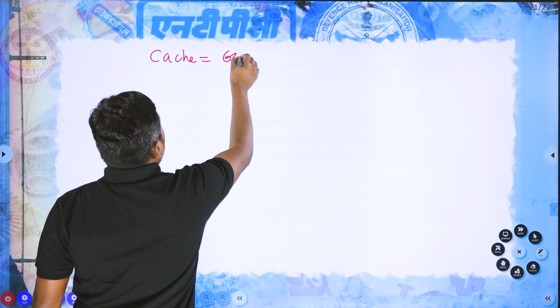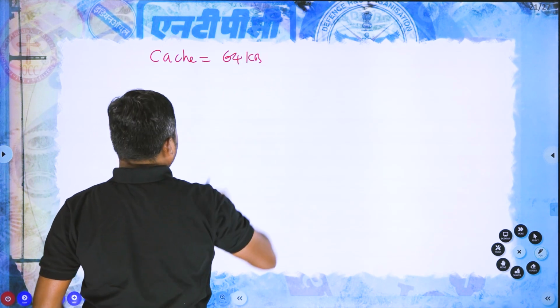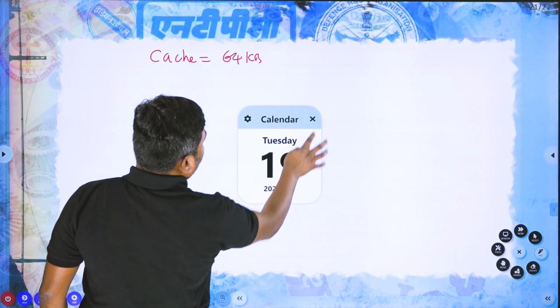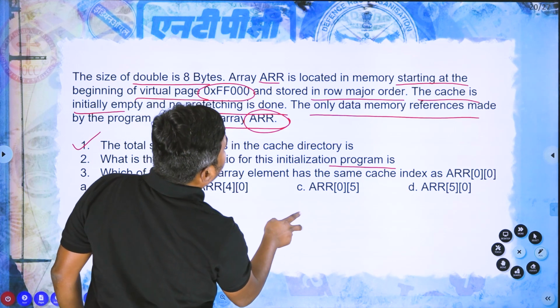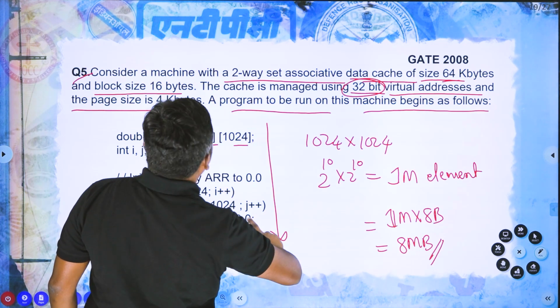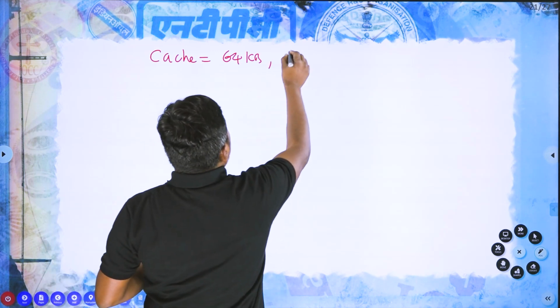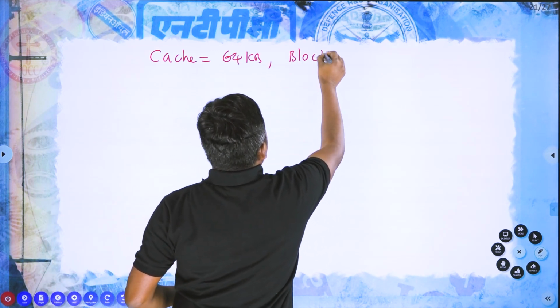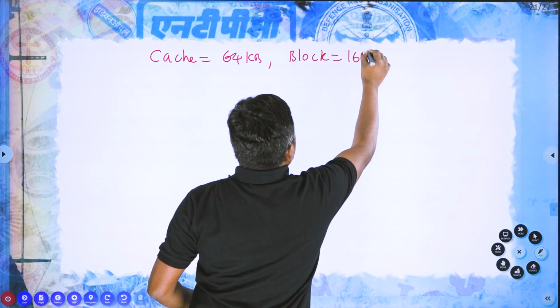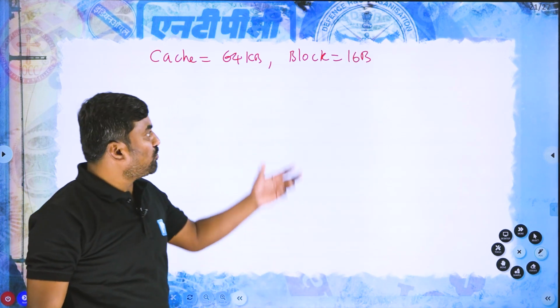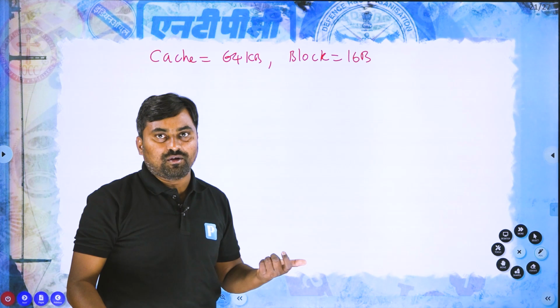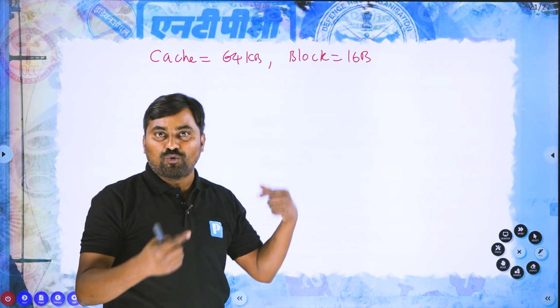Cache size is 64 kilobytes. Am I right? Check it. Block size is 16 bytes. Another thing also given is page size, 4 KB. That is as of now not required to answer this question.